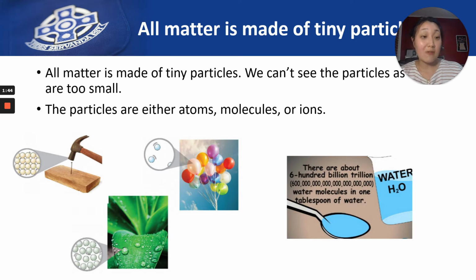For example, we have water molecules, which are made up of hydrogen and oxygen atoms bonded together. Carbon dioxide gas is a molecule because it's made up of carbon and oxygen atoms bonded together. We also have ions. I won't go into details, but just know that they are charged particles, positively charged or negatively charged.